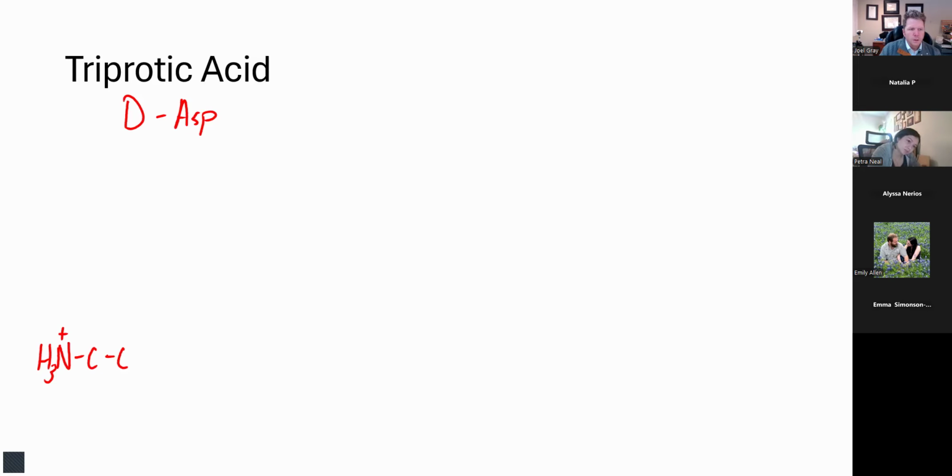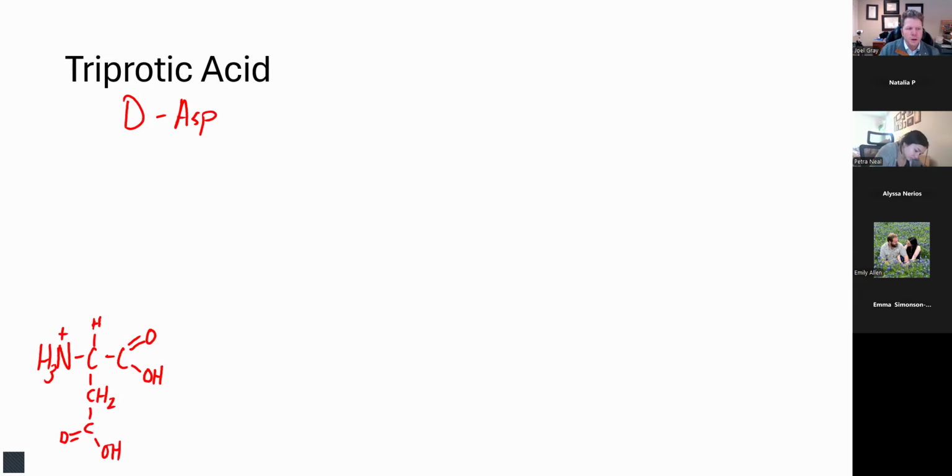Okay, so NCC, here's my alpha carbon that I'm going to put a hydrogen on, then my C termini, where I'm drawing my carboxyl group, and it's going to be protonated. Now, aspartic acid is CH2 followed by C double bonded O and OH.